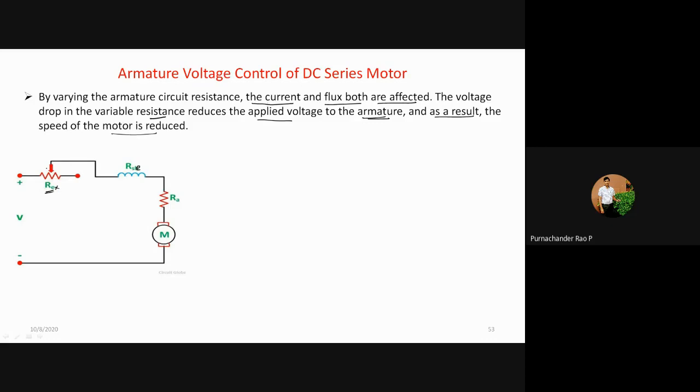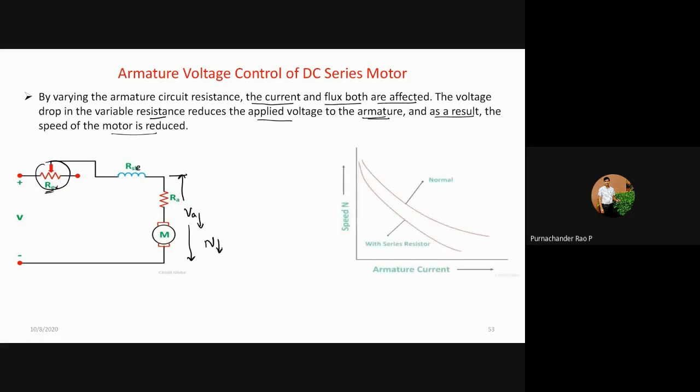Therefore some voltage drop takes place across this resistance, and across the armature terminals VA the net voltage gets reduced. As the net voltage is reduced, the speed of your motor gets reduced, and this is given by these characteristics. Okay, you can also consider armature current or armature voltage.